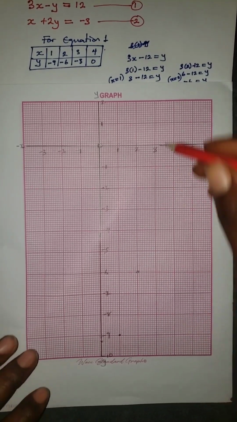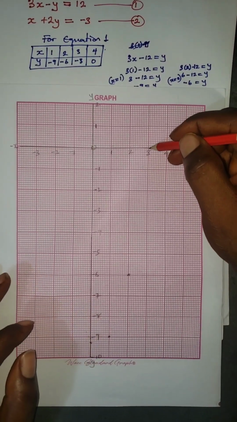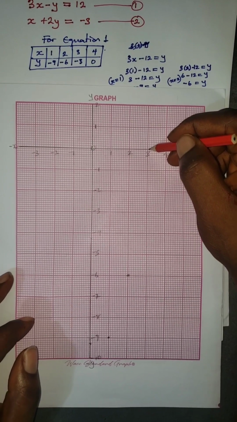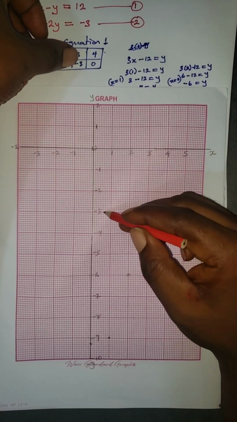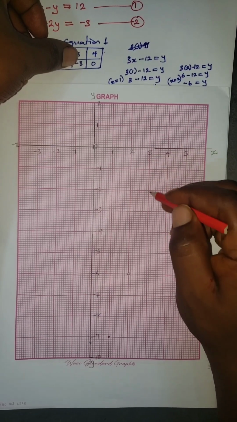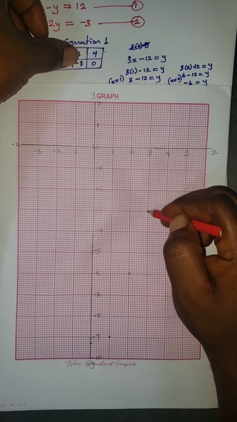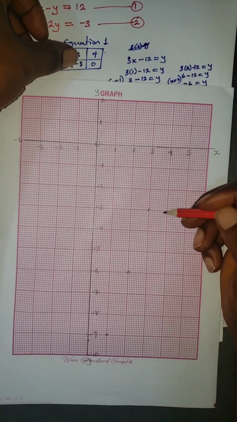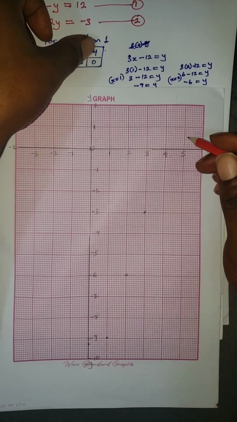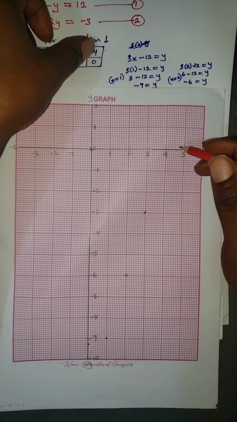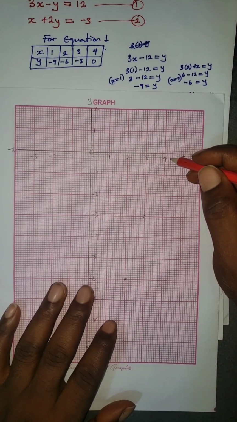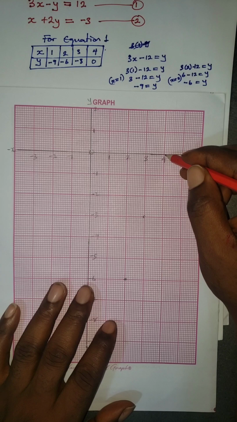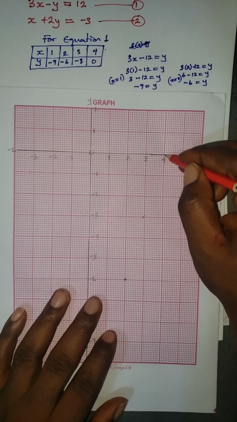The other one is when x equals 3, our y is -3. So here is 3, here is -3. You take it down and it will meet at this point. The next one, when x equals 4, y is 0. So 4 and 0.